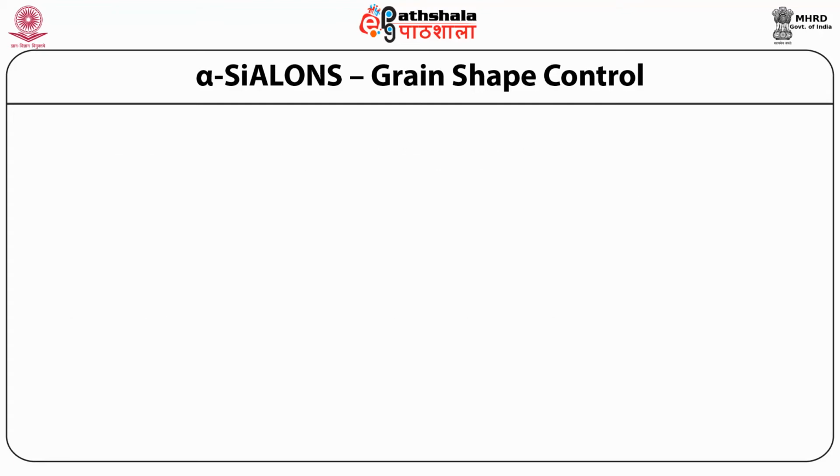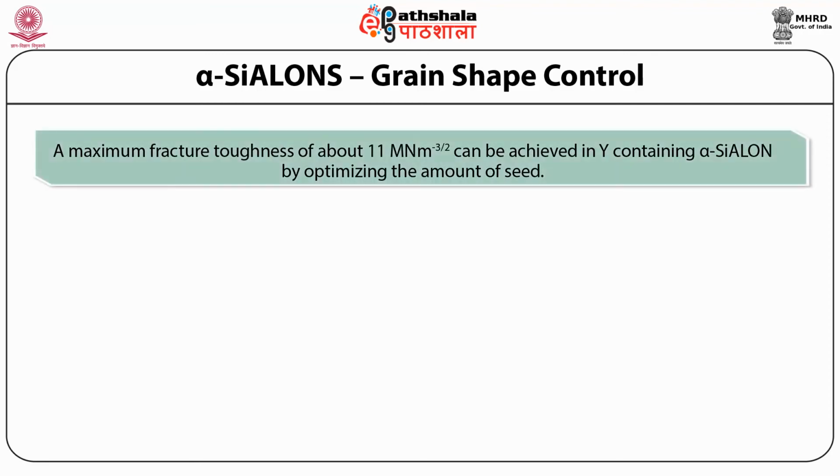So students, you can see a plot of the amount of seed versus the fracture toughness, and a maximum fracture toughness of about 11 MN per meter to the power 3/2 can be achieved in Y-containing alpha-sialon by optimizing the amount of seeds.